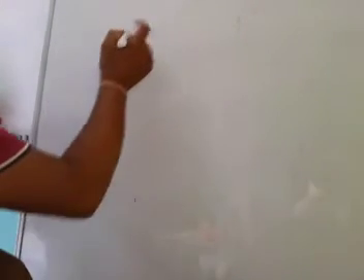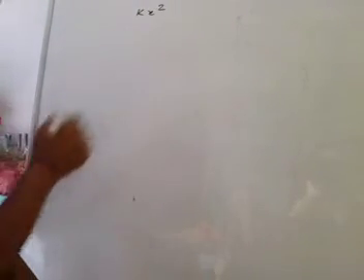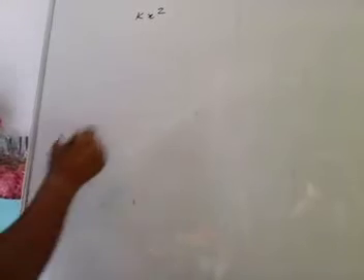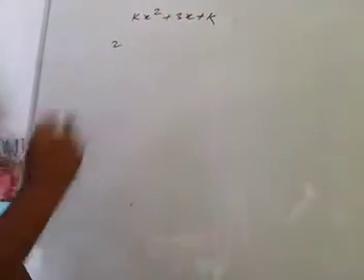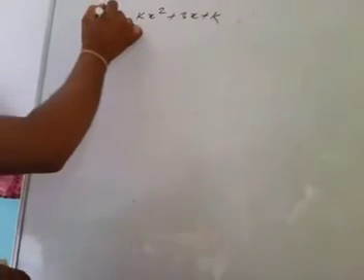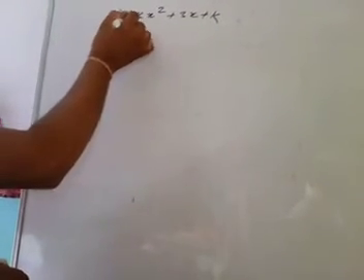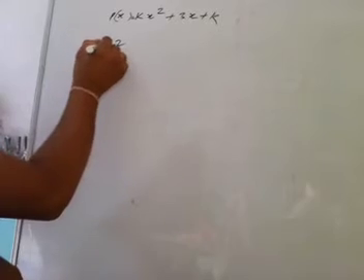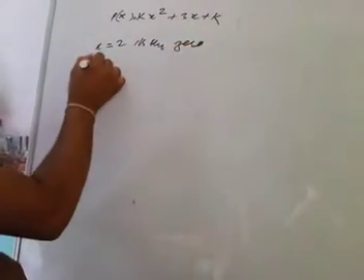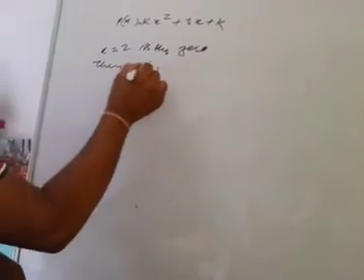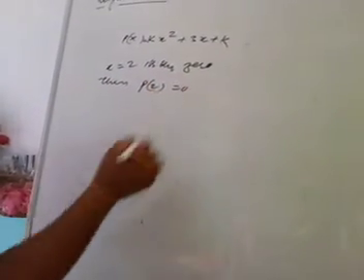The polynomial is kx square plus 3x plus k, and he says 2 is one zero. So let this polynomial be in variable x, then x equal to 2 is the zero, then p2 will be equal to 0.